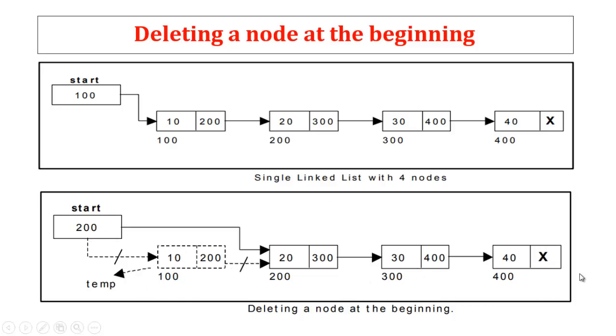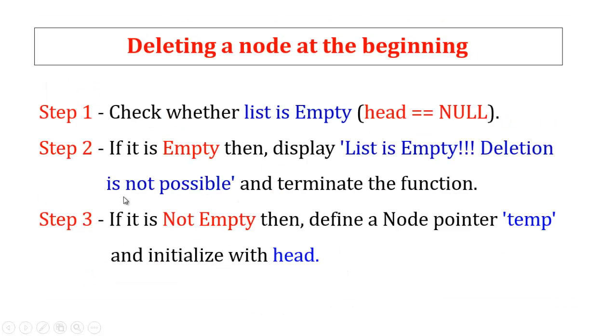This is an example of deleting a node at the beginning. Afterwards the second node's starting address acts as the head pointer. Before going to the algorithm, we have to see the example of how to delete an element at the beginning in a single linked list.